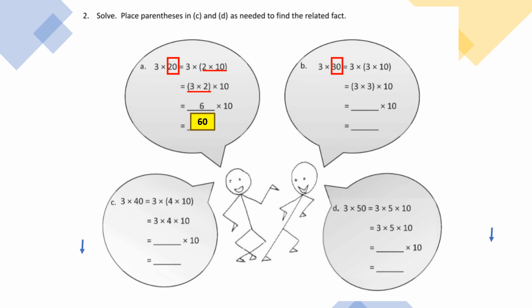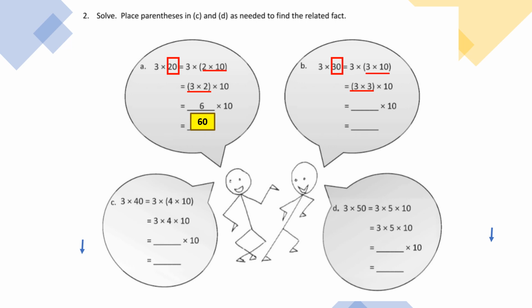Well, let's break apart that 30. Now, the 30 was broken into 3 times 10. So instead of 3 times 30, we ended up with 3 times 3 times 10. Now, we want to move those parentheses from around the 3 times 10 and over to 3 times 3, because that makes it a little easier to work with.